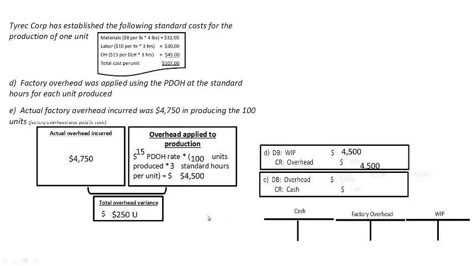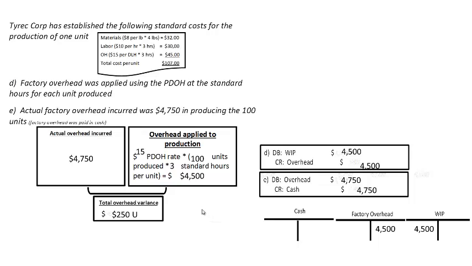Then E, we record the actual overhead that was incurred. In this case, we're going to credit cash for $4,750, which represents the amount of cash that we spent on the overhead, and we debit the overhead account for $4,750. And if you notice here, I did post to these T accounts to show you the net effect of these two entries.